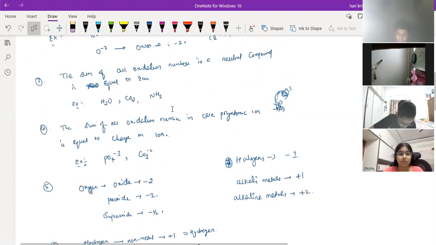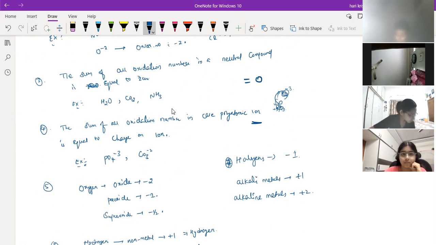Next one, the sum of all oxidation numbers in the case of a polyatomic ion is equal to the charge on the ion. In the case of a neutral compound, the right side of the equal sign is 0. In the case of a polyatomic ion, the right side is the charge on the ion.